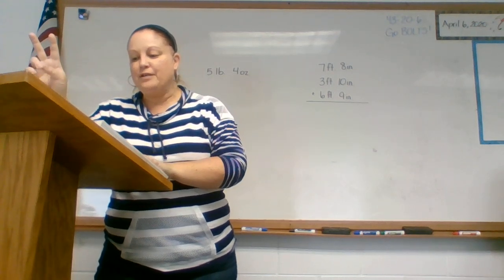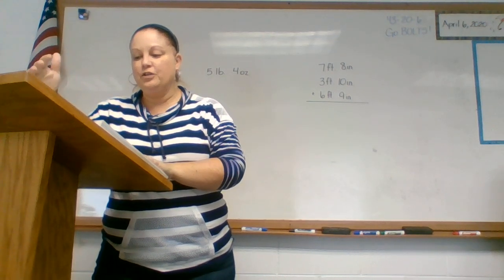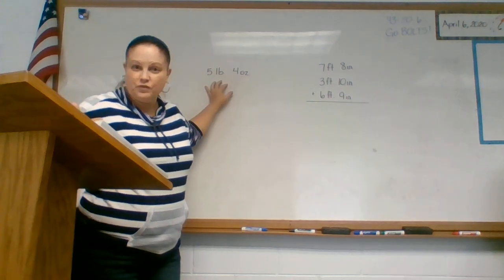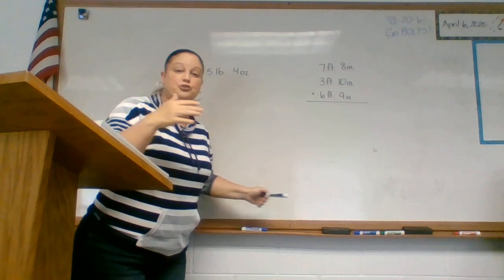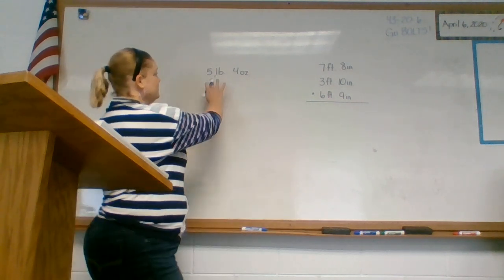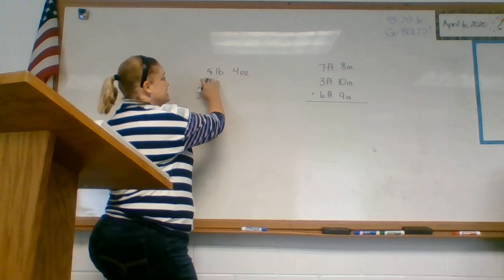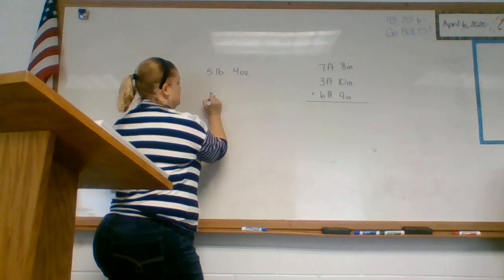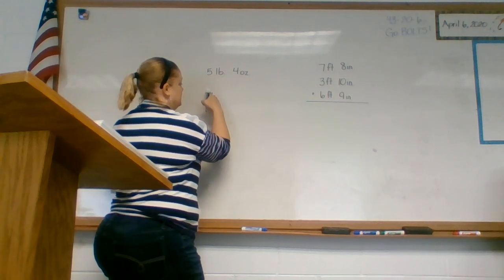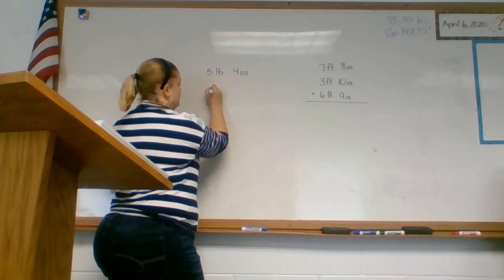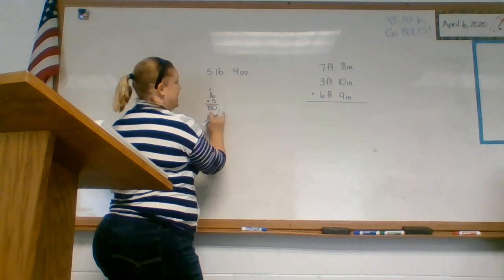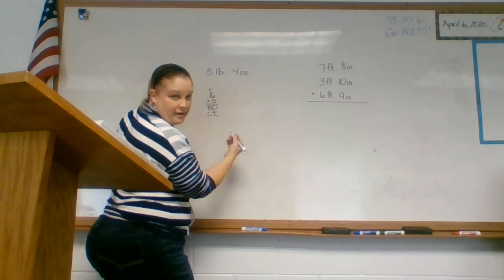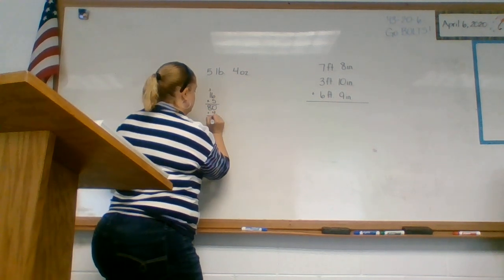Number 2, a compound measure can be simplified by converting the larger unit to the smaller. All right, so we can simplify 5 pounds, 4 ounces by converting it just into ounces. Now, if you remember, it's 16 ounces per pound. So times 5. 16 times 5, we get 80, and then of course, you don't have to show this part, but just showing you where it comes from as a reminder.